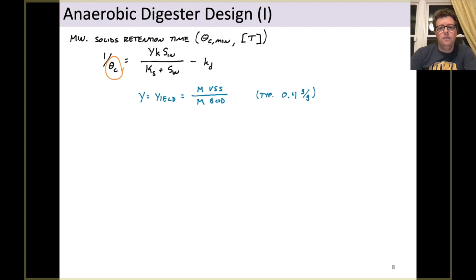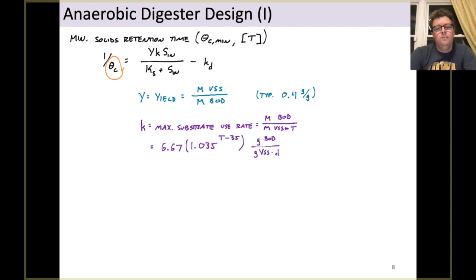A typical value there might be 0.4 grams per gram. That lowercase k in the numerator up top, that is the maximum rate that the substrate could be consumed, and that is in mass of BOD per mass of volatile suspended solids per time. That's that capital T on the bottom.